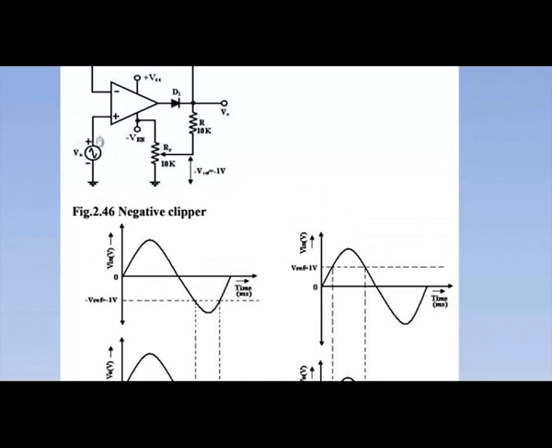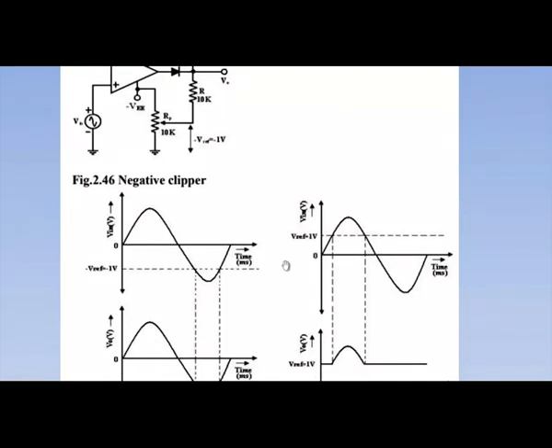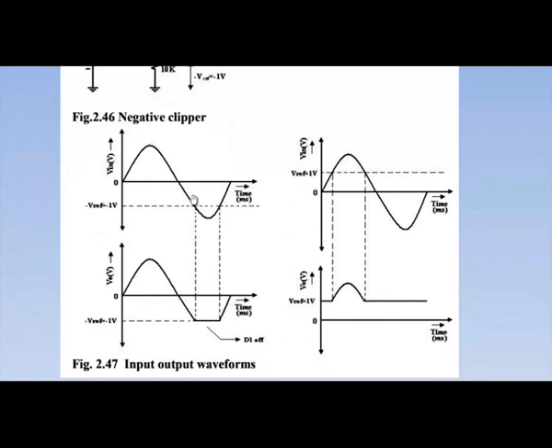You can take the maximum of V in as plus 3 to minus 3, and calculate the output of the operational amplifier. Check for what values of the output the diode is on and the output follows the input, and for what values the diode is off and the output is the V reference value. You will be getting the output like this. This is the negative clipper.